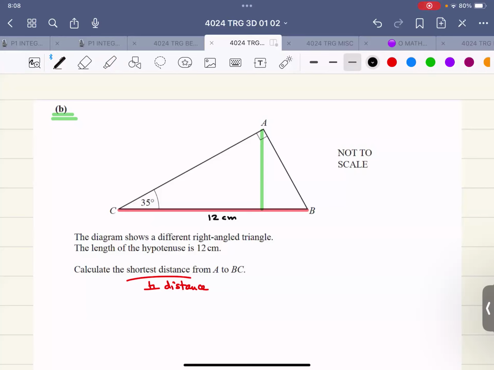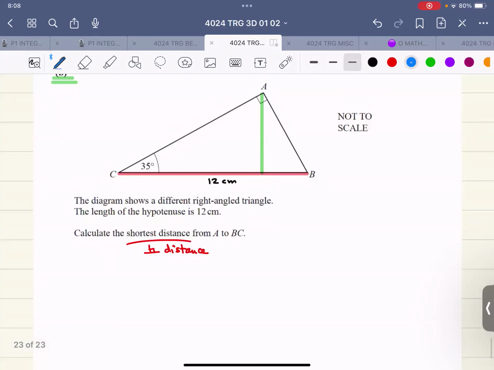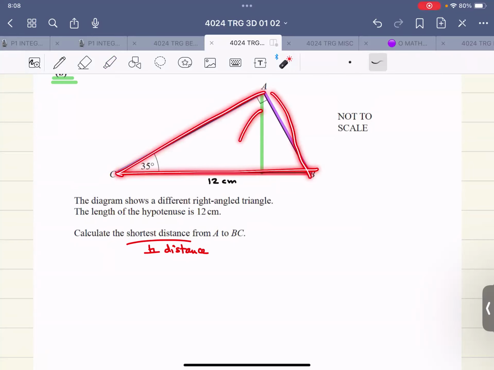Yes, we can. So let's use trigonometry. Now, if we focus on the big triangle, opposite to 90 is 12. Opposite to 35 is this, that is AB. So step number 1.